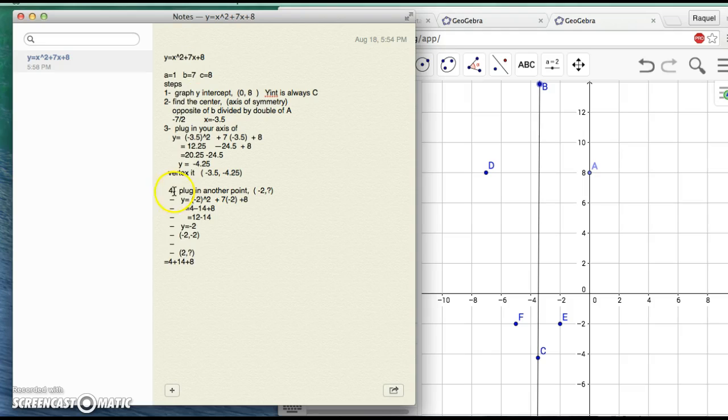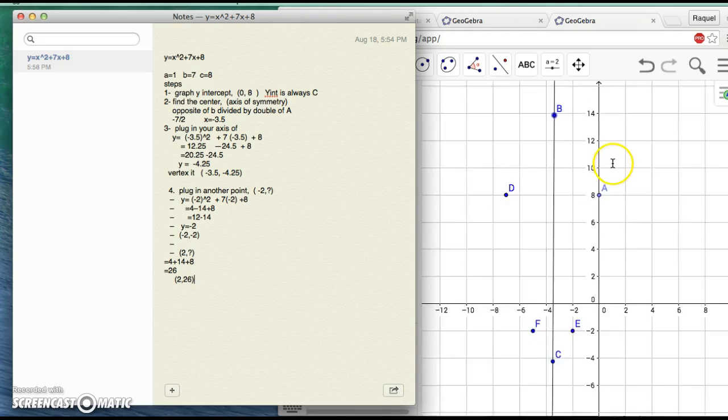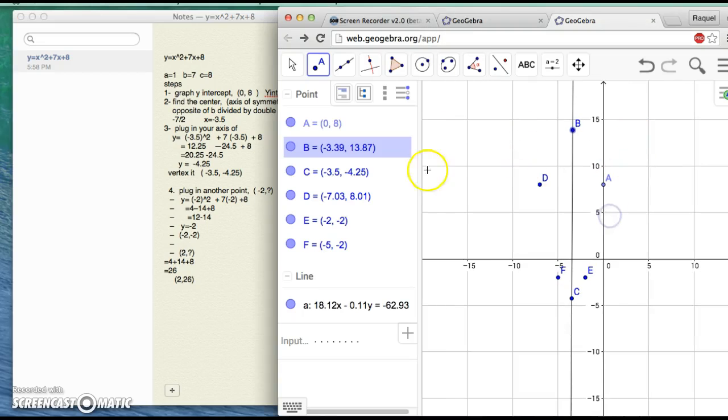So I like to do easy ones, 12 plus 14. 12 plus 14 is 26. So now you have another point: if x is positive 2, then the outcome is 26. You have to zoom out. I don't like to do big numbers like that. But you can figure out where 26 is. And then mirror that, and you get the other one.